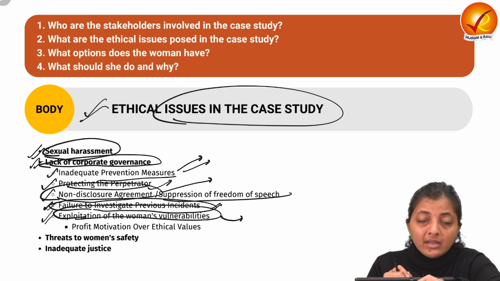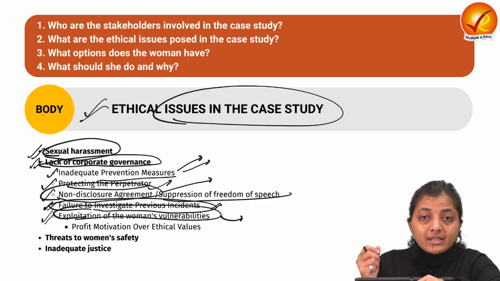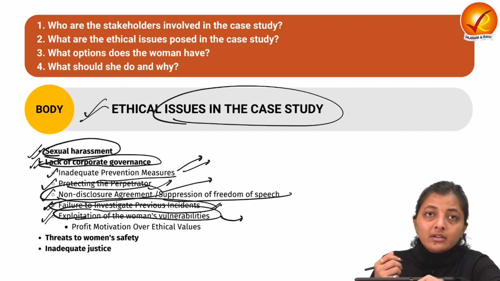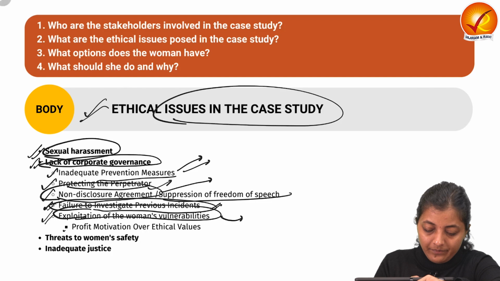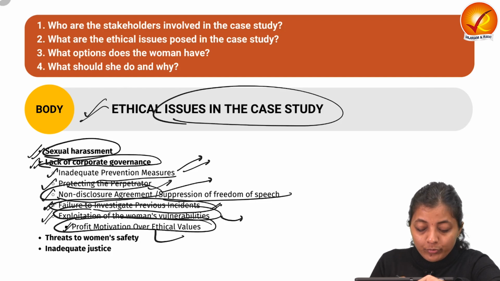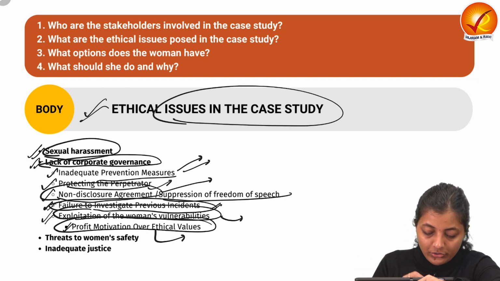She is from a poor family, so they are exploiting her vulnerabilities. They are giving threats about the loss of her job security as well. It means the company, that institution, is profit motivated over its ethical values.